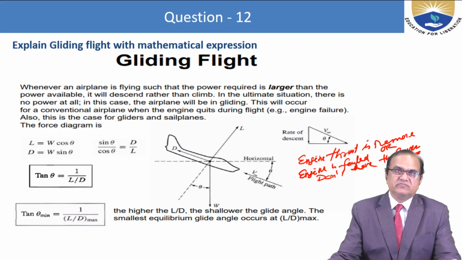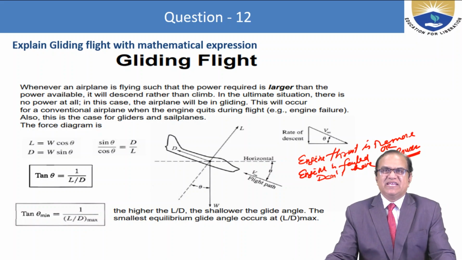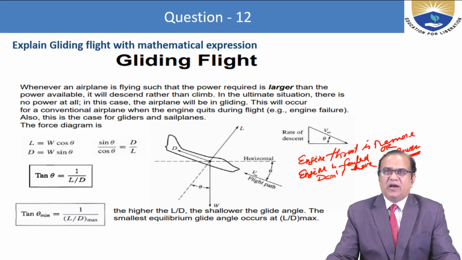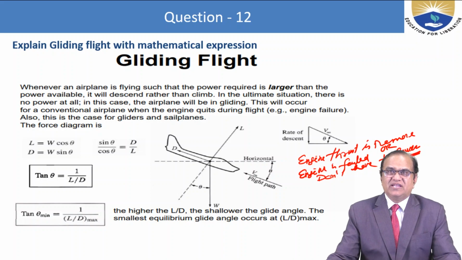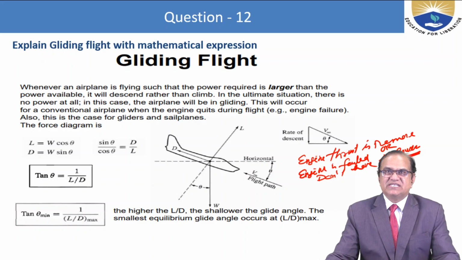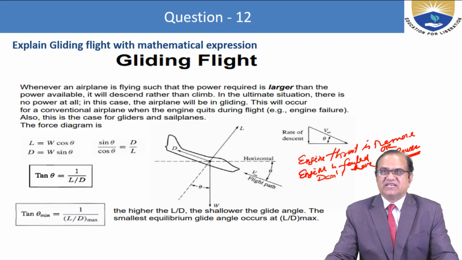So whenever an airplane is flying such that the power required is larger than the power available, it will descend rather than climb. In the ultimate situation, there is no power at all. In this case, the airplane will be gliding.